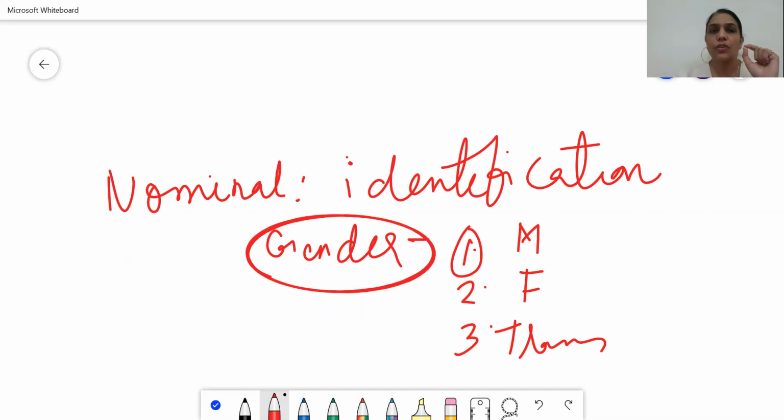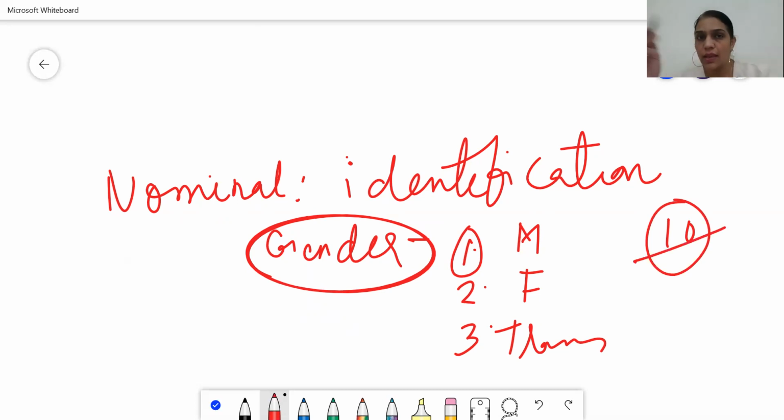Let me take one more example. I don't know, but I'm just assuming Virat Kohli's t-shirt number is 10. You need to check if that is right or not. So this 10 is just for identification. Anywhere in the cricket ground, if I see number 10 in the Indian cricket team color, I can identify that Virat Kohli is there.